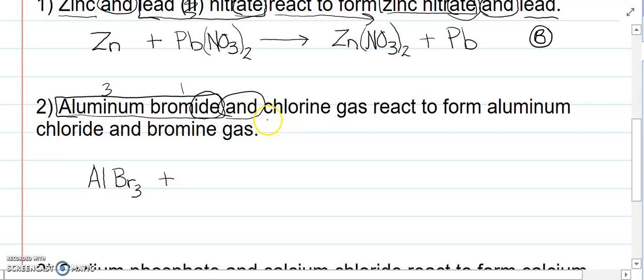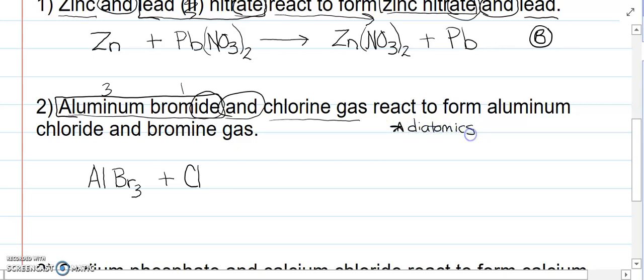Now this is chlorine gas. And the gas part just tells me its state of matter. It's not a liquid, it's not a solid, it's a gas. We will get to symbols in another video. But if I'm talking about chlorine as an element, I have to remember my diatomics.